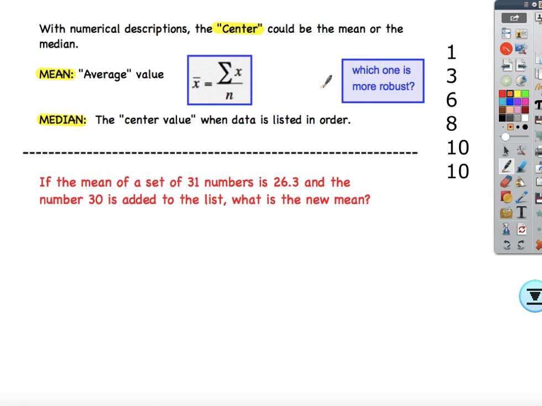All right, well, let's say that we look at this list of numbers here, and let's say we calculate the mean for that. So 1 plus 3 plus 6 plus 8 plus 10 plus 10 divided by, how many terms are there? 6 terms.